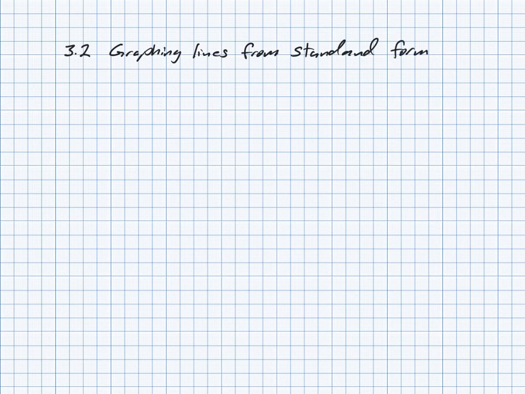There are three forms of the equation that we're going to be using, but they were introduced at different times. And so when we're graphing using standard form, an example, as simple as I possibly can make it, would be 2x plus 3y is equal to 6.